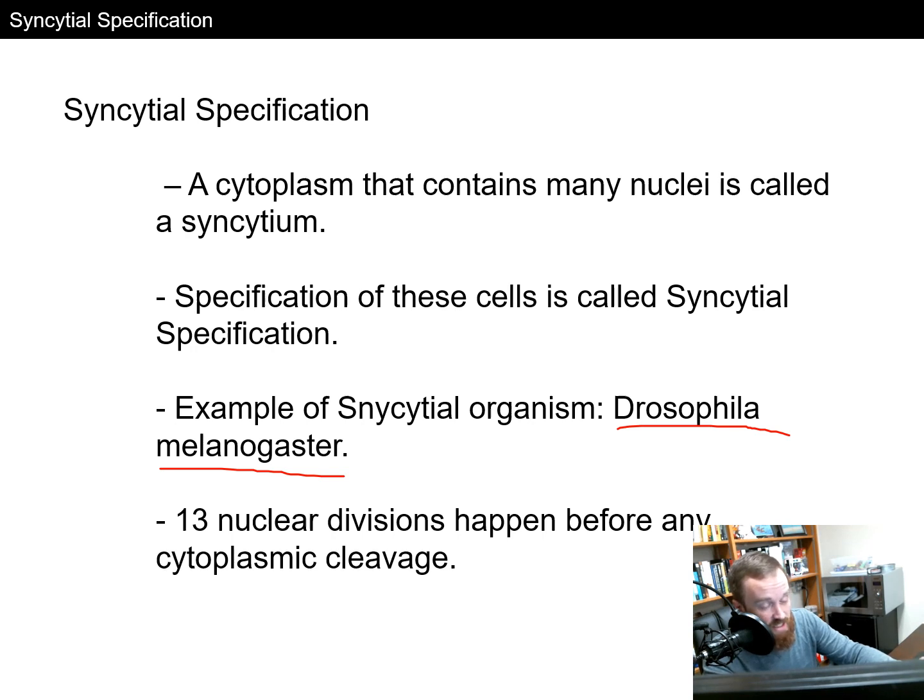And in this, there are 13 nuclear divisions, so the nucleus replicates itself 13 times before there's any cytoplasmic cleavage. So within the cell, you are gaining more and more nuclei before there's any sort of cell division itself.